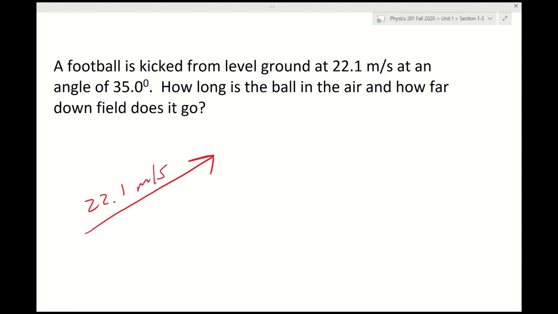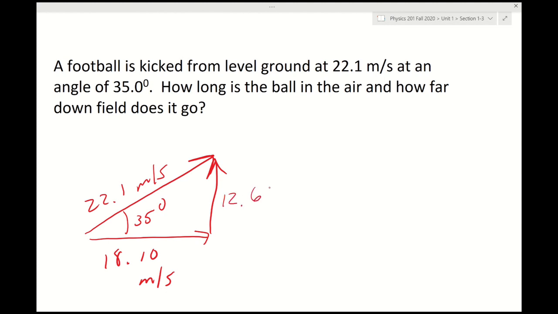So the horizontal component is going to be 22.1 cosine of 35 degrees, and do make sure your calculator is in degree mode when you're working with degrees. And then 22.1 meters per second sine of 35 degrees, 12.68 meters per second. Now, the vertical component is what dictates how long it's going to be in the air.